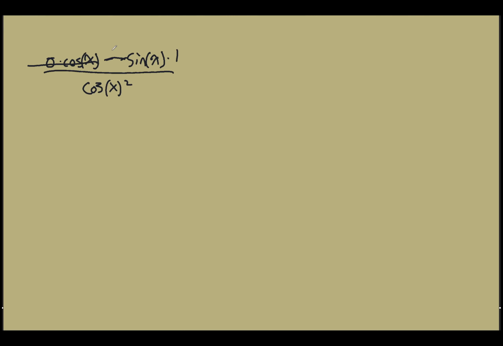Double negative becomes a plus, and a times 1 doesn't really make sense. So we end up with sine over cosine squared, which I'm going to write as sine of x over cosine of x times 1 over cosine of x, like this. So we can find that it's equal to tangent secant.